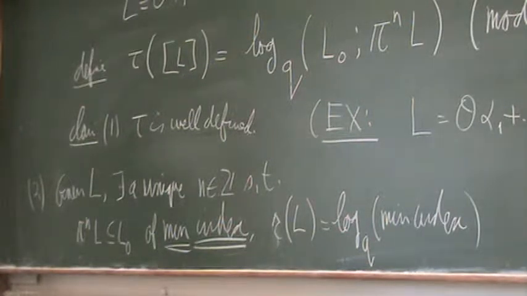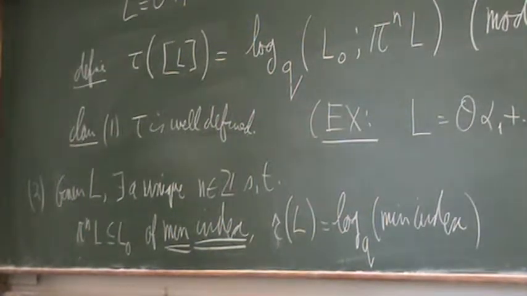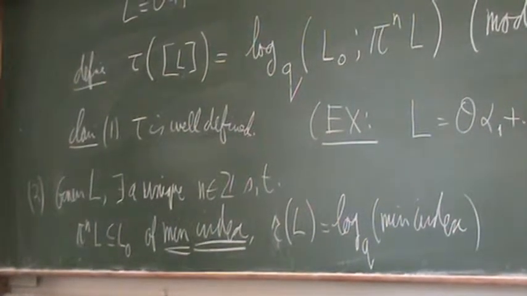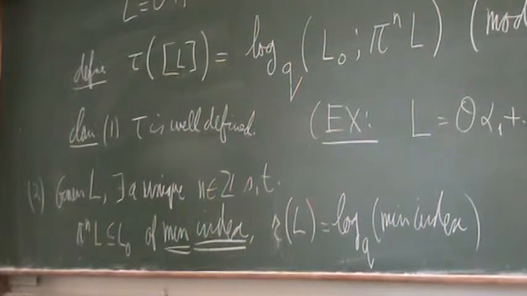So R of L, so I start with L, I multiply it by some power of pi, negative or positive power of pi, to make it to have a minimal index inside L0. That index must be a power of Q. Submodules of L are always of powers of Q. And that power of Q, it will be Q to the something, Q to the R. So I'll call it R of L now.